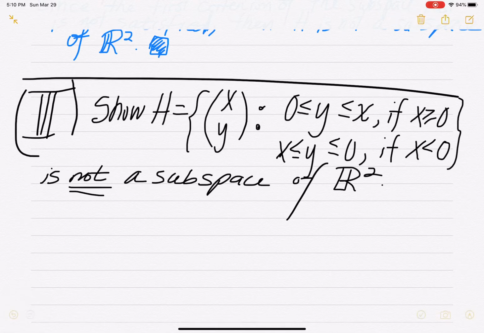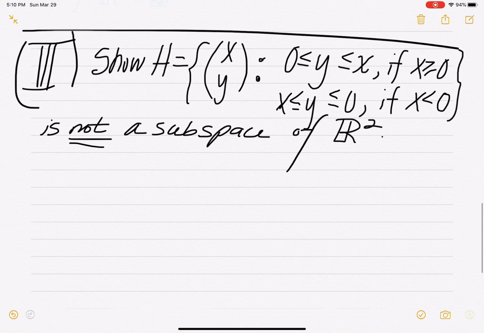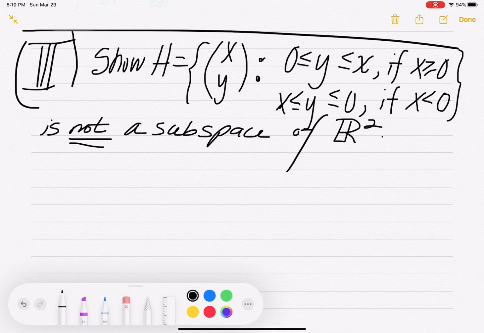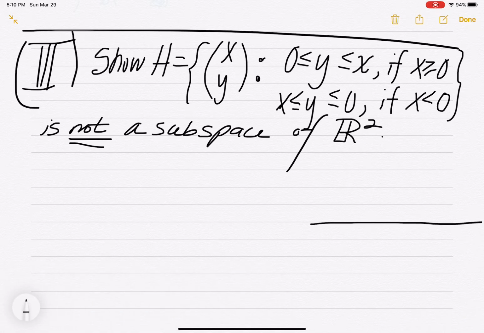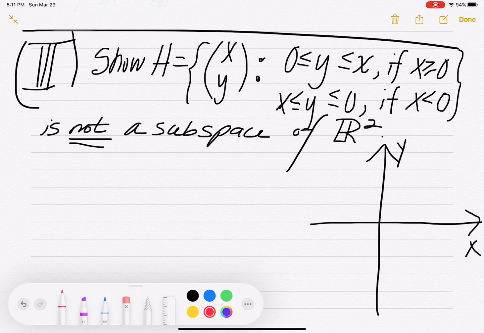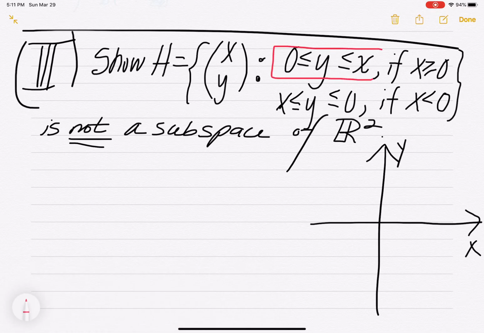All right, let's try to draw a picture here. Let me do my x-axis and my y-axis first, just to get an idea. So if you focus on the first set of inequalities here, this is when x is greater than or equal to 0. Now, what does the equation y equals x look like?